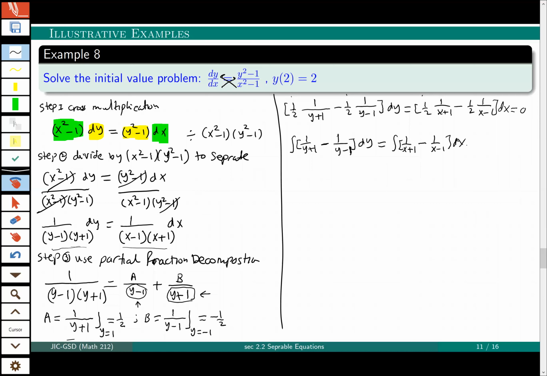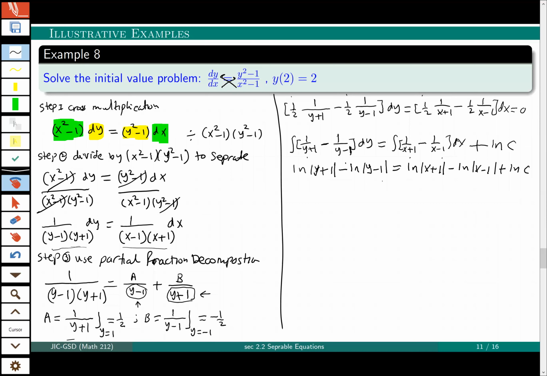Look here, Shabab. Since I will have logarithm, logarithm, logarithm, logarithm, I will say here also plus logarithm c to make it simple, easy. So the integration is ln absolute value of y plus 1 minus ln absolute value of y minus 1 equals ln absolute value of x plus 1 minus ln absolute c.